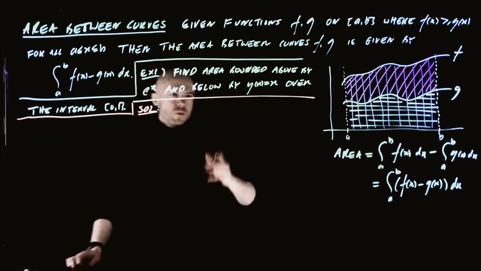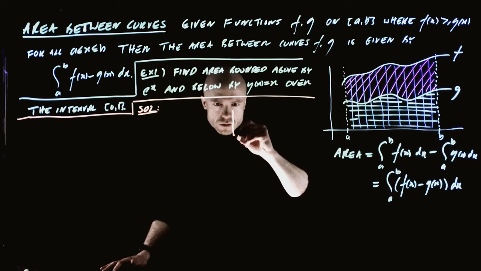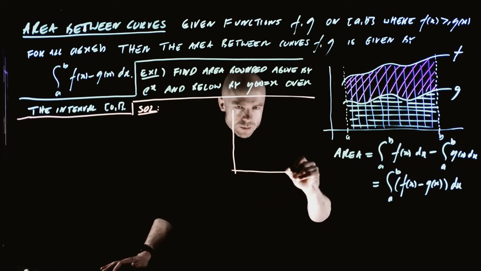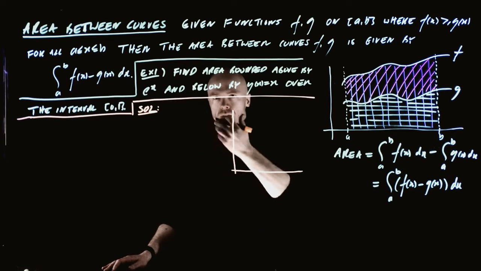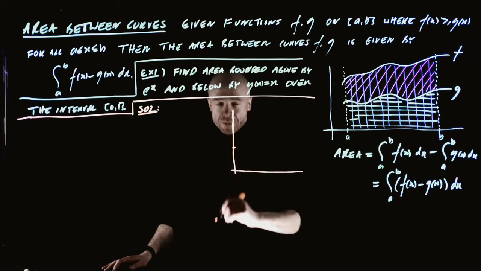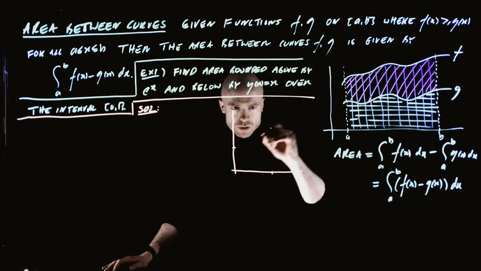Solution. We, as always, draw a picture. I'm emphasizing this a great deal, and it's absolutely essential in this section too. So we have the function e to the x. When x is equal to 0, e to the 0 is just 1, so we're here. And when we're at 1, we have the value e, which is like 2.7.